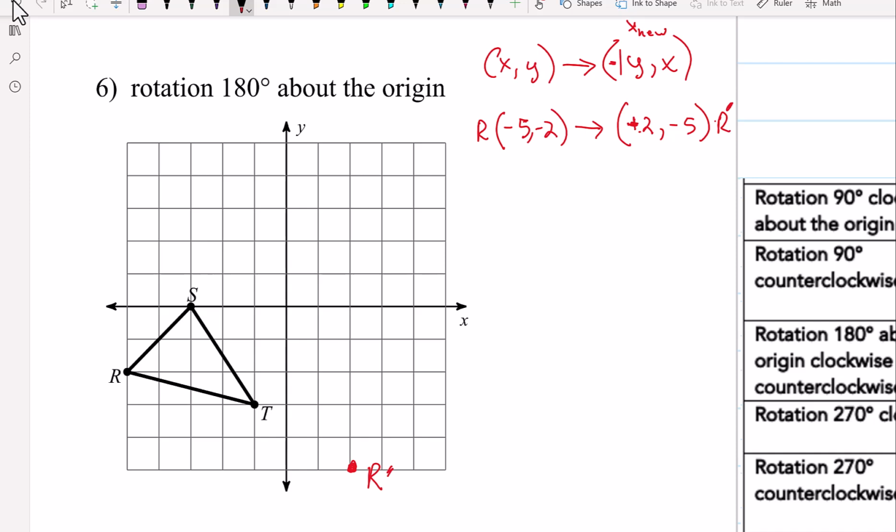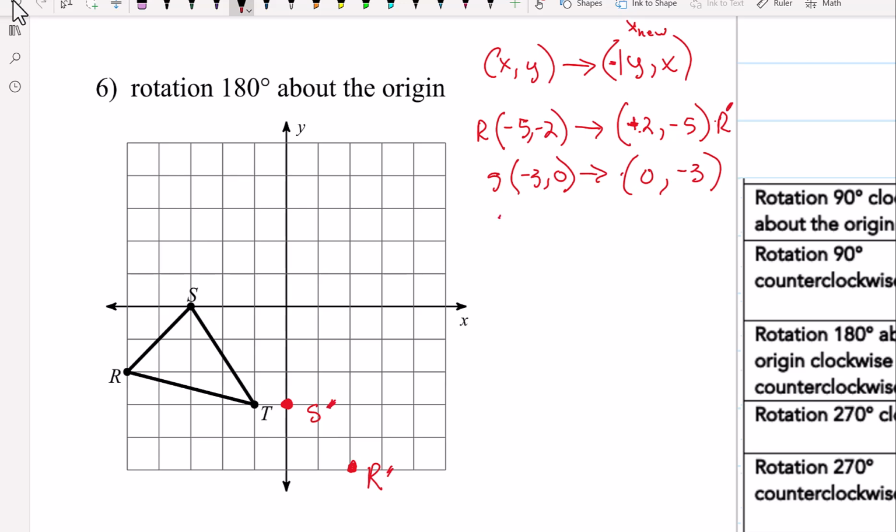Let's do the s now. The s is -3, 0. We're going to swap them. Well, -1 times 0 is still going to be 0. So at 0, -3, this will be the s prime.